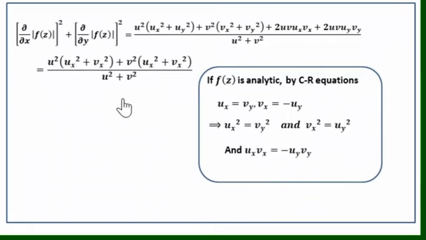Okay, so the right side becomes equal to this, and you can see in the numerator these two terms, the first term and second term, have ux² + vx² common.